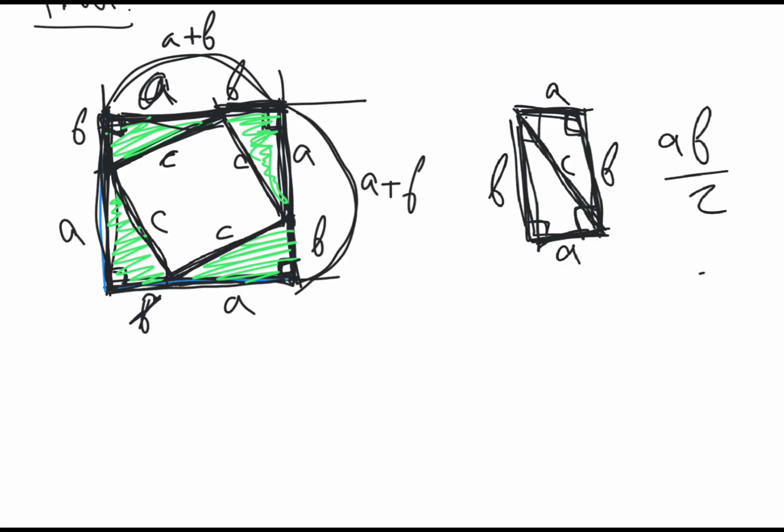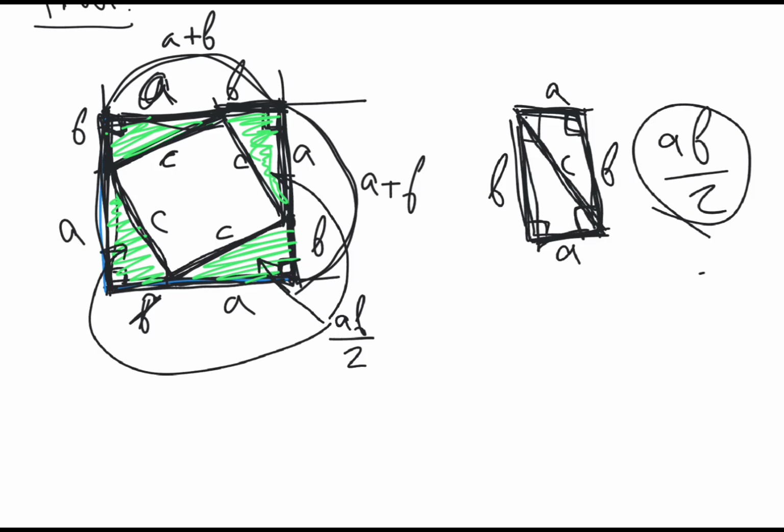So AB over 2, this is the area of each of these green triangles in particular. So these four triangles, they have area AB over 2, right?